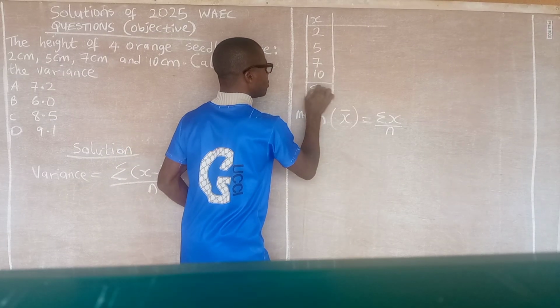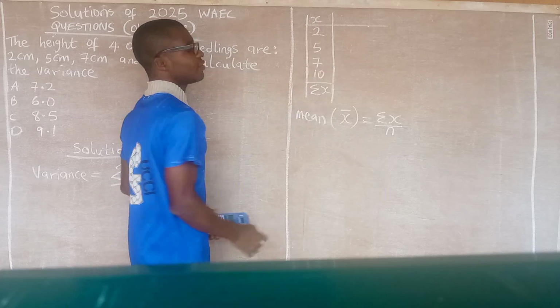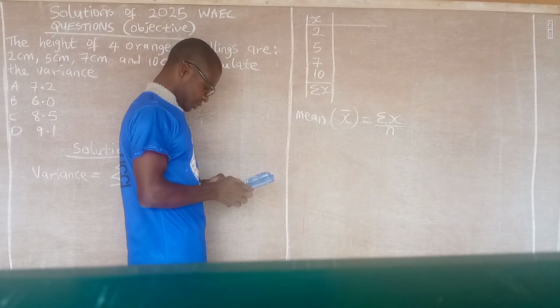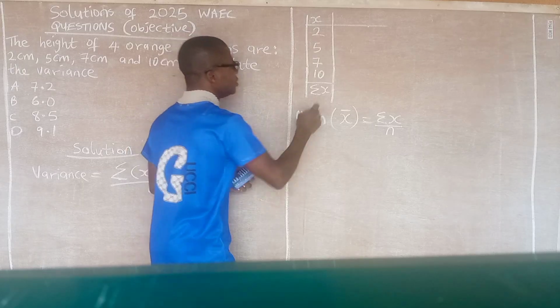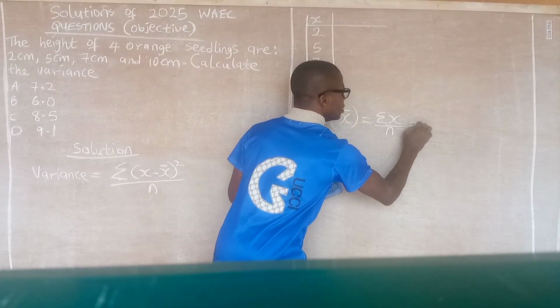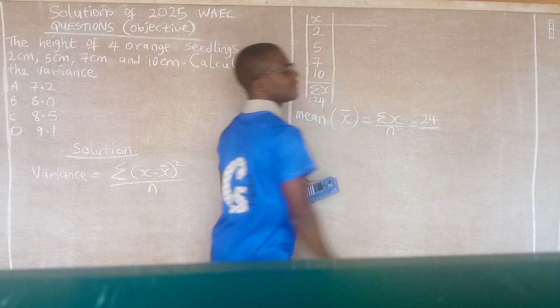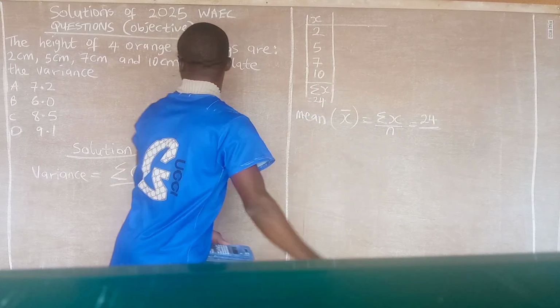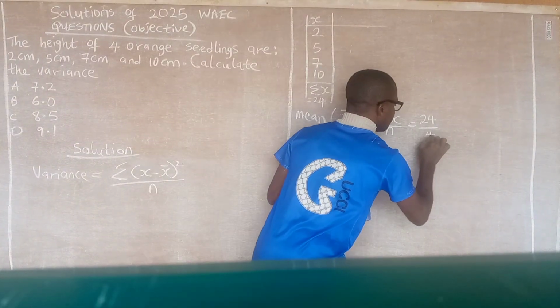So summation of data is 2 plus 5 plus 7 plus 10, which is 24. So the mean is equal to 24 over, what's the number of data? 1, 2, 3, 4. 24 over 4.